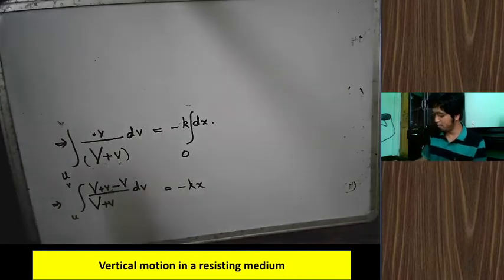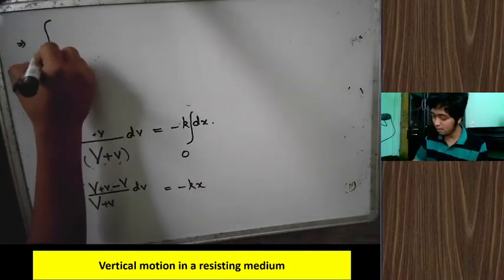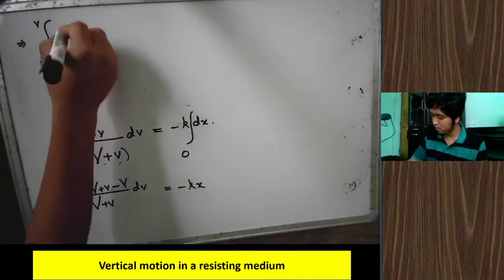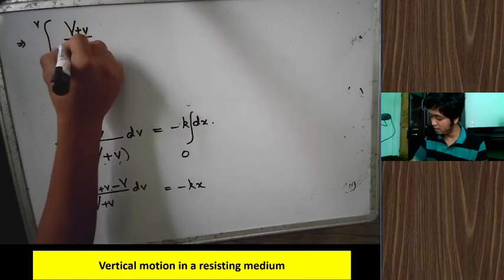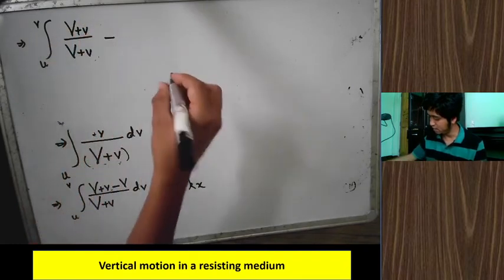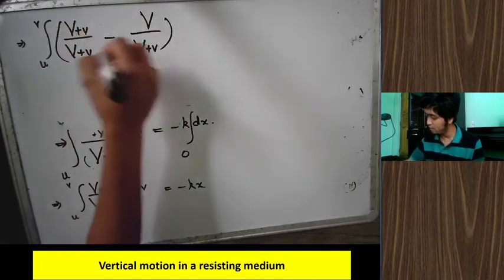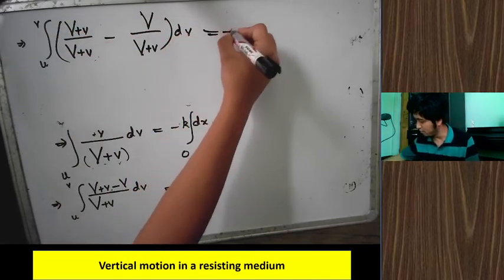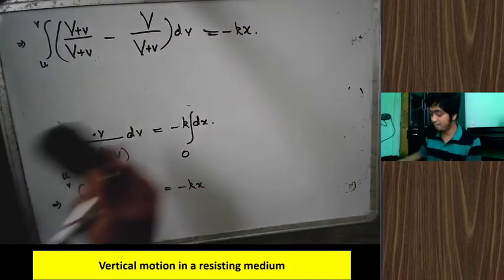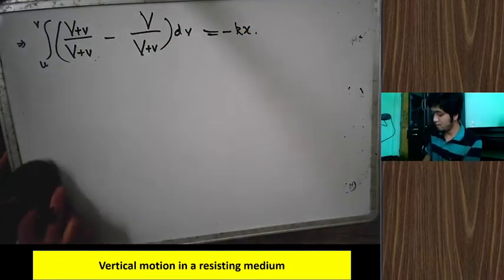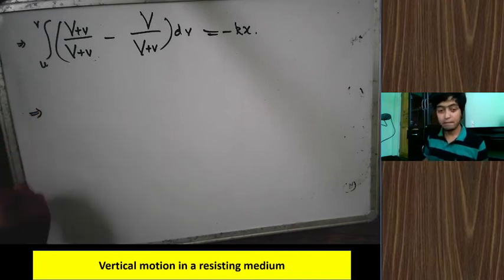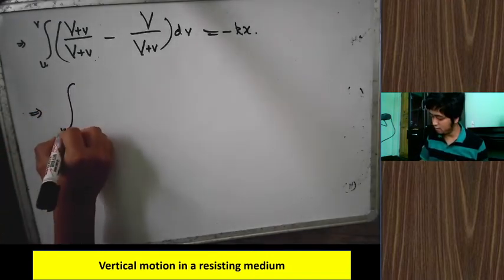So now we will split the integral. We'll be having V plus v minus capital V, dv equal to minus kx, again u to v.